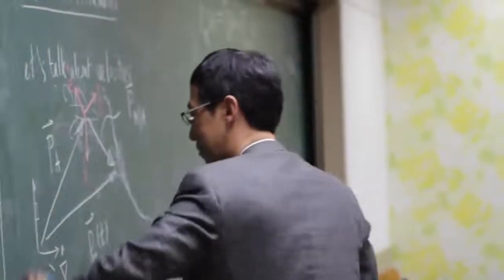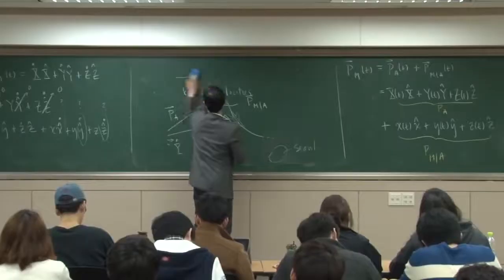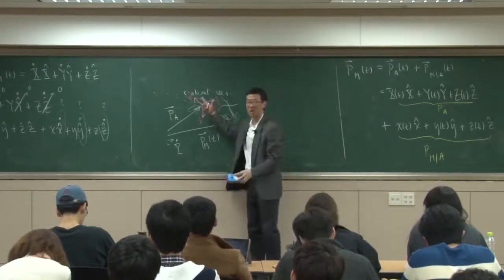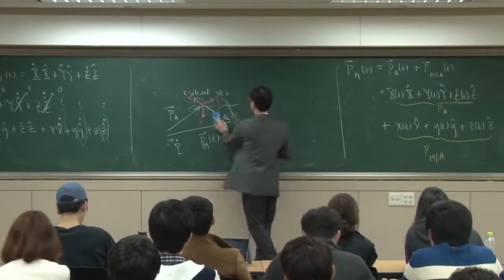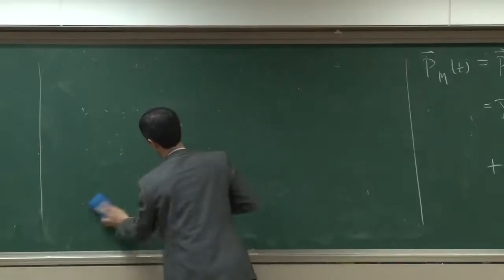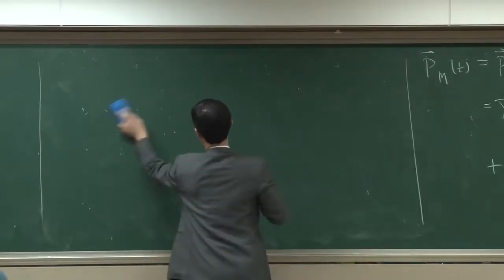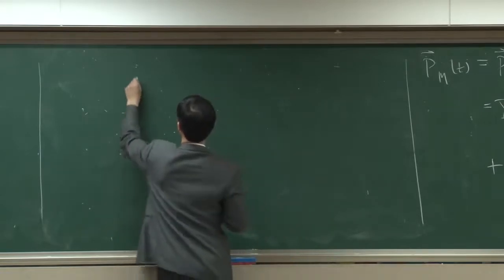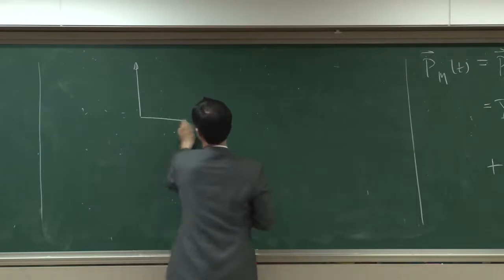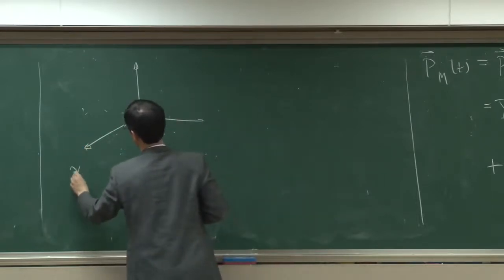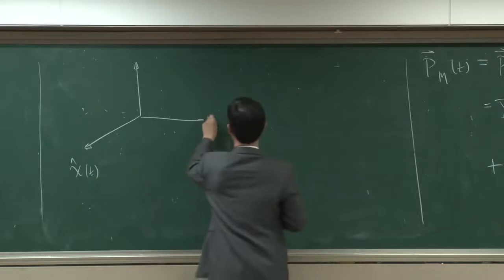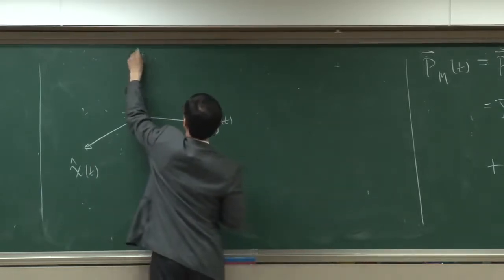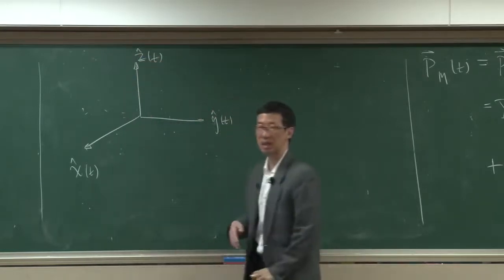So let's do that now. Obviously it depends on the orientation of this frame, right? So now let me draw the frame. Here's x at t, here's y at t, and z at t, small x, small y, small z.